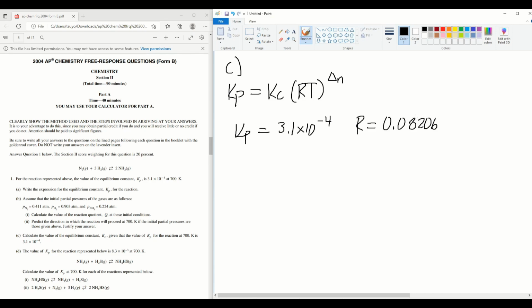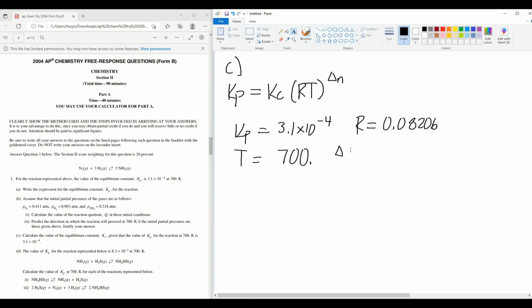You'll need to know this from ideal gas laws, and I'm pretty sure it is on the equations and constants table. And then T, temperature for this reaction, is 700 Kelvin, so we can do 700. And then delta N, this is the tricky part.